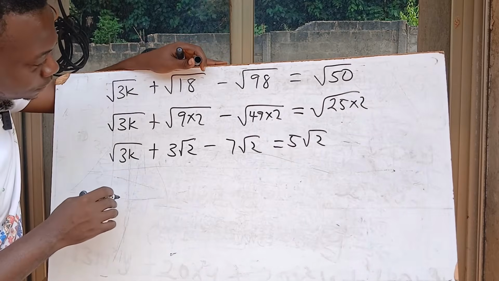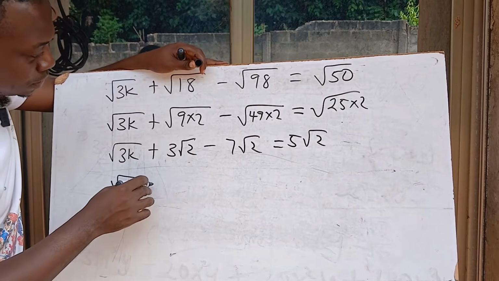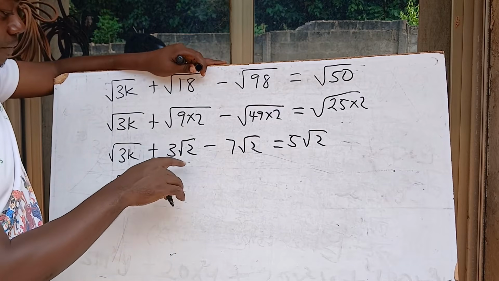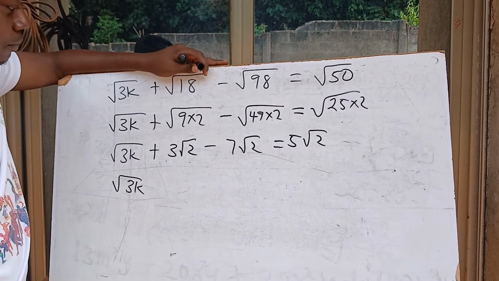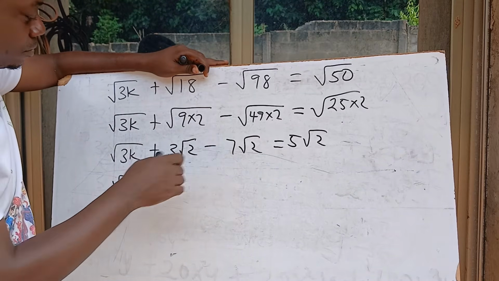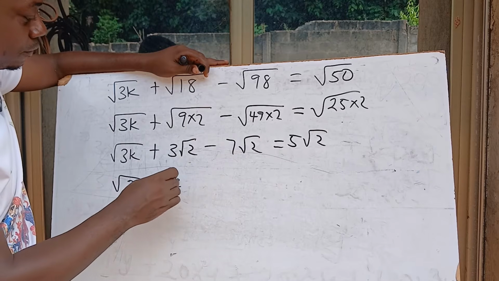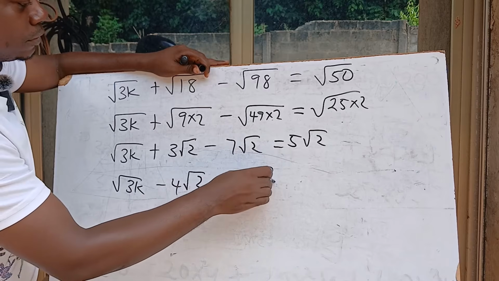So from here, since we have √2, we can group them on the other side, okay? So 3 minus 7 here will be minus 4√2 equals 5√2.